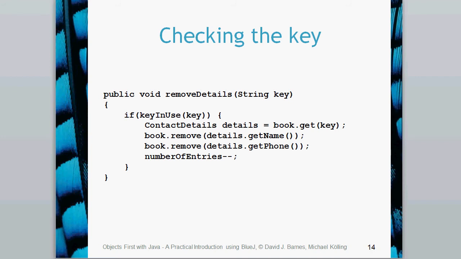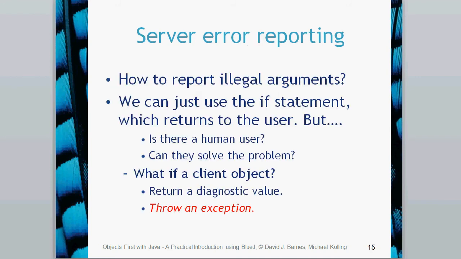That's all well and good, but what happens if the argument is incorrect? Then what happens? How do we report a problem which happens? So we could just use an if statement. We've used if statements before, so if it's less than 0 or if it's greater than the index, then it's not a correct parameter for an array list.